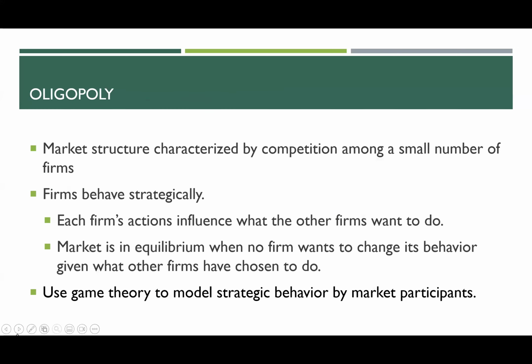With this model, we're going to introduce strategic behavior. So previously in perfect competition and monopolistic competition, when we had several firms operating in the same market, they all behaved as if their production was in isolation, right? They didn't think about responding to their competitors. They didn't think about trying to undercut competitors' prices or anything like that.